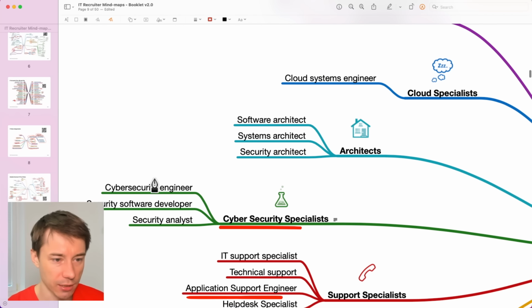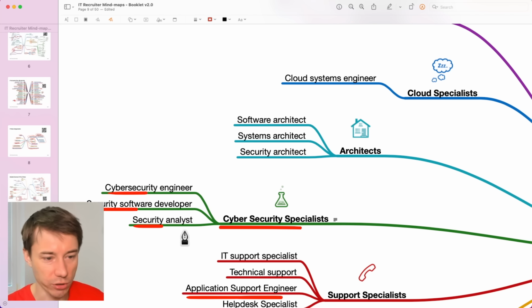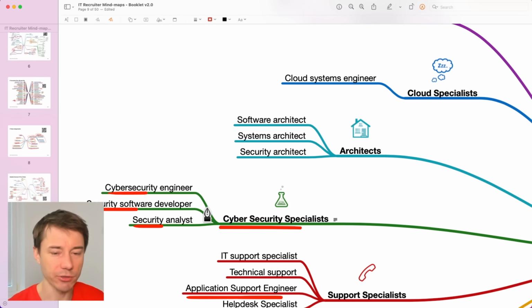Cybersecurity specialists include cybersecurity engineers or security software developers, security analysts. So these IT professionals are in high demand. They are in demand because more and more companies are under attack with all these hackers.